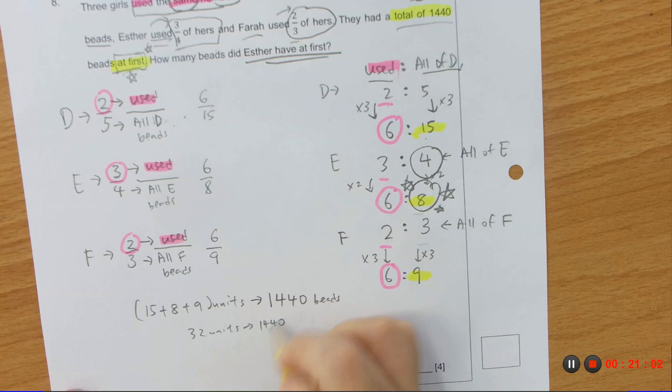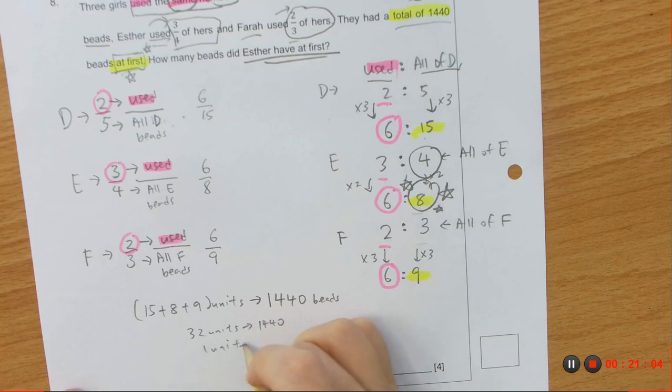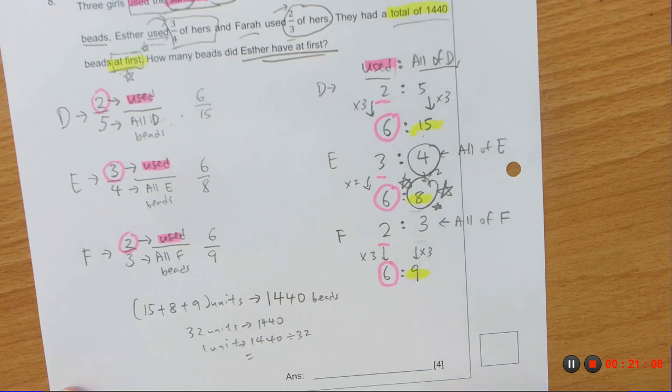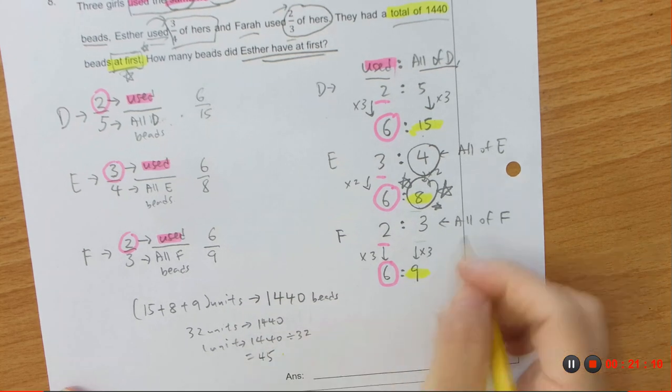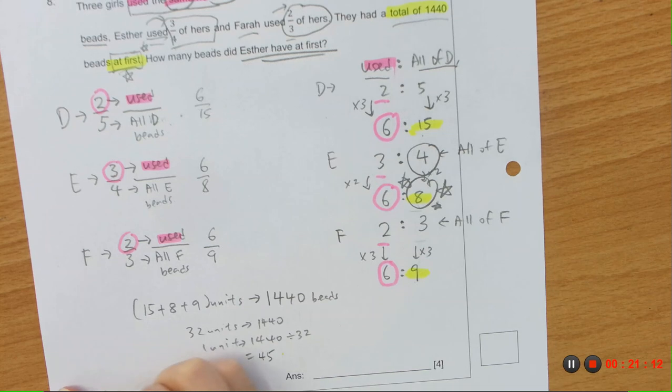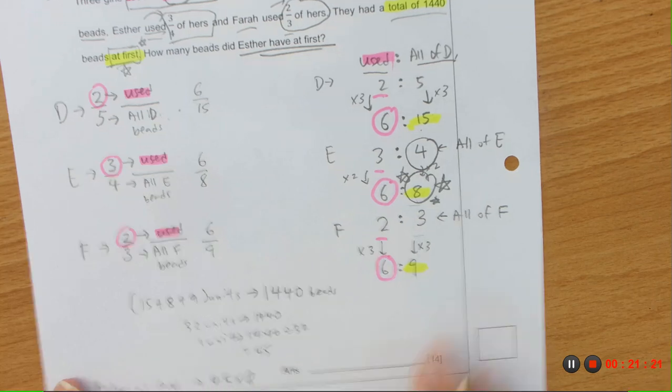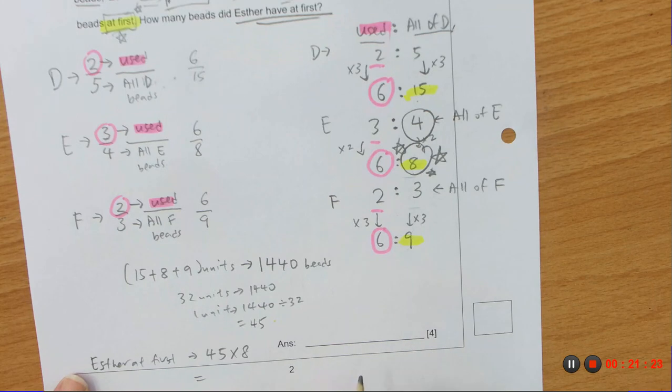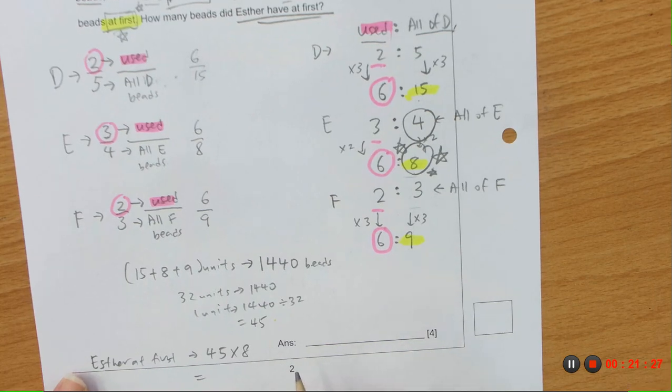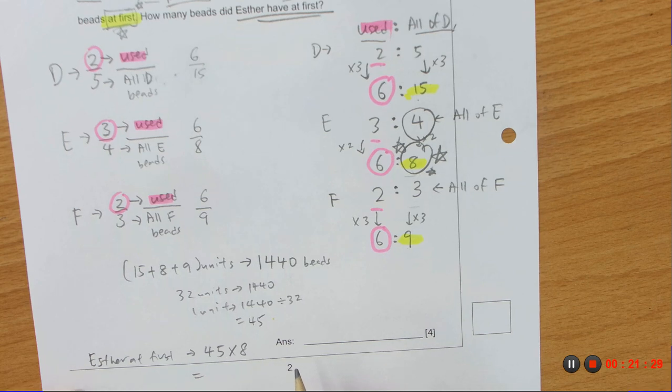So 1 unit is 45. I'm supposed to find Esther at first. That's 45 times 8. That is? 360.